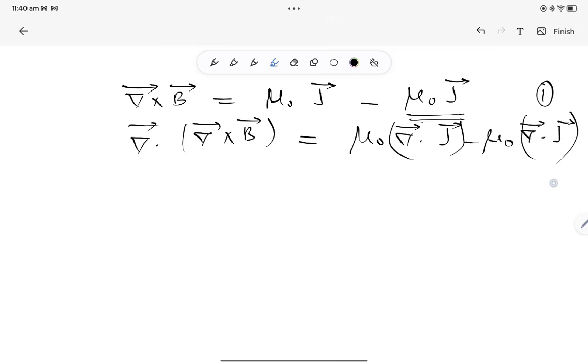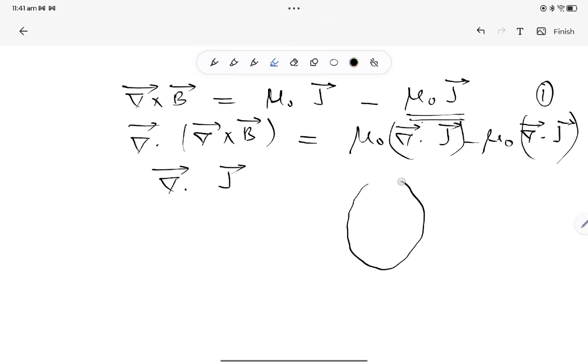Now you know this del dot J, that is divergence of current density, can be expressed in another form by using the equation of continuity. Maybe some students among you might not be familiar with that, but it is not difficult. It is so simple.